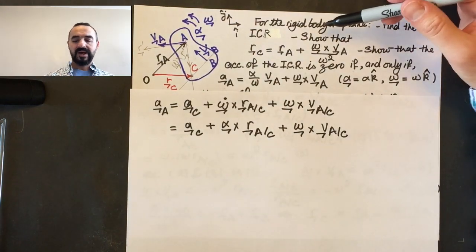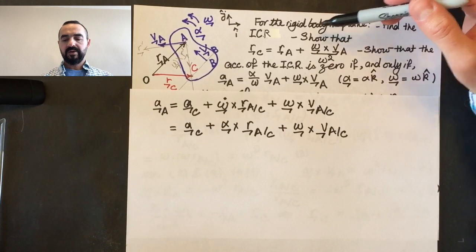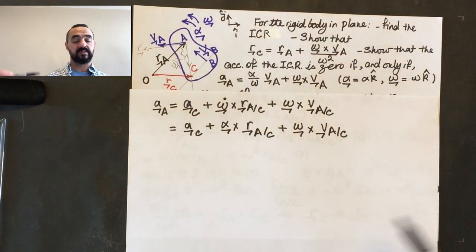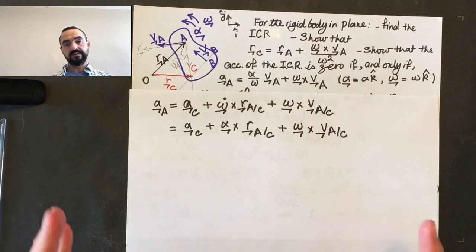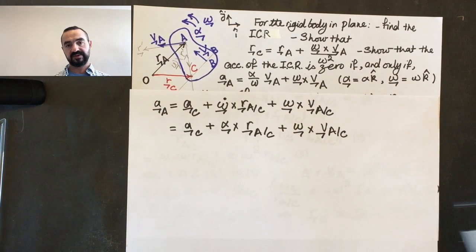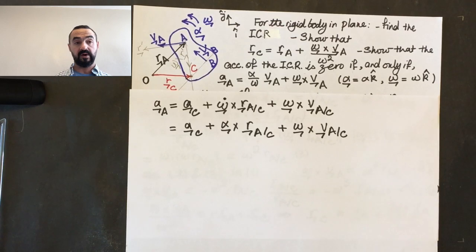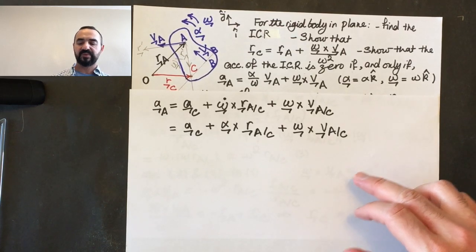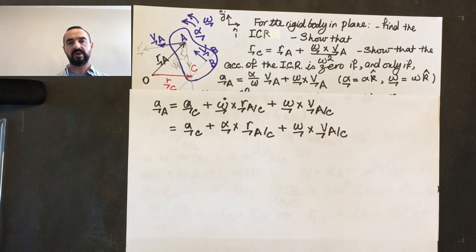In part A, we related the position vectors of the 2 points, C and A, and that's what we're going to use, because we have RA with respect to C. And again, VA with respect to C is VA minus VC.